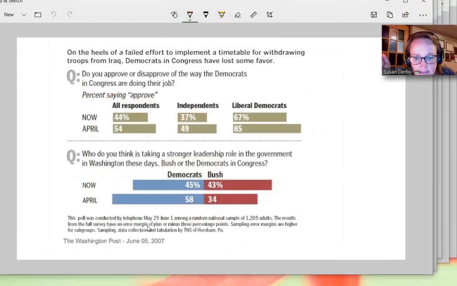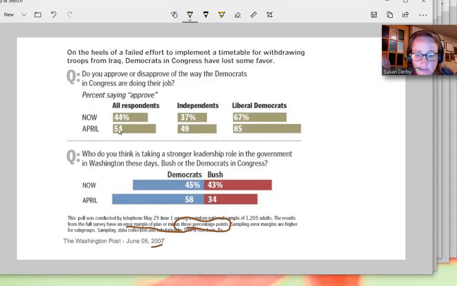Here is another example. This one has an error margin of plus or minus 3 percentage points. It was asking about Democrats in Congress, whether they're doing a good job, or who's taking a stronger leadership role, Democrats or, I guess, George Bush, because this was back in 2007. Each of these values could be 3% off.